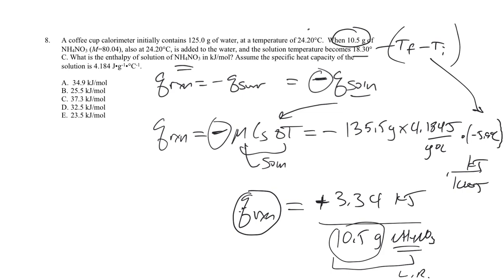So to get to per mole ammonium nitrate, I need to start with the mass of the sample that actually was inside the calorimeter. Now we're given the molar mass. Some problems give you the molar mass, so you don't have to spend time calculating it. 80.04 grams per mole of ammonium nitrate.